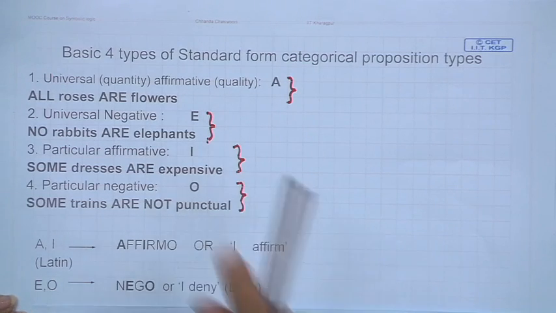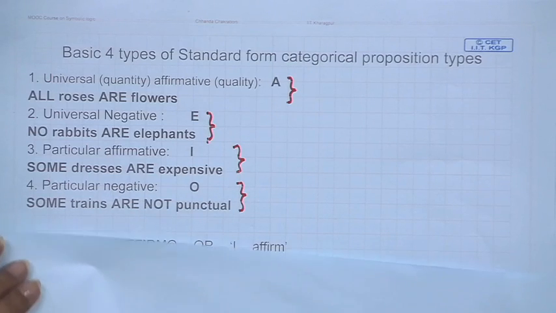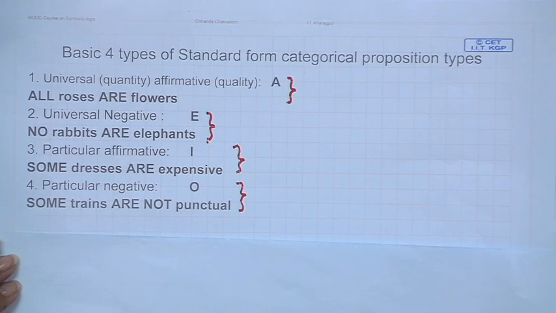Okay. But this A, E, I, O is what we will be going with. From now on, if I do not mention the full form, say particular negative, but instead I say O, please make sure that you understand it in the correct way.